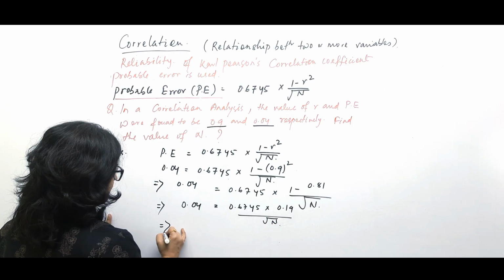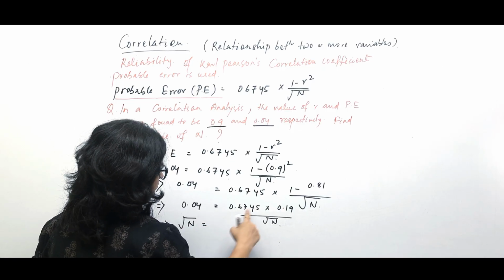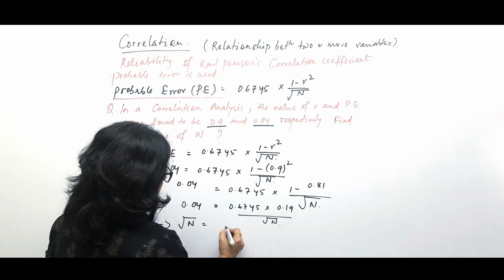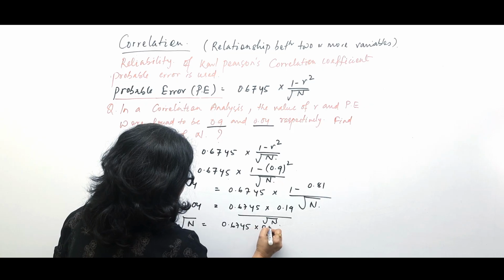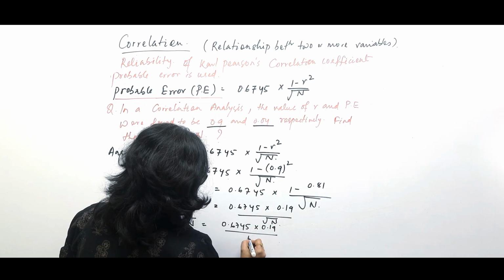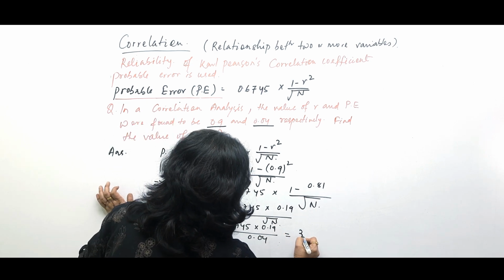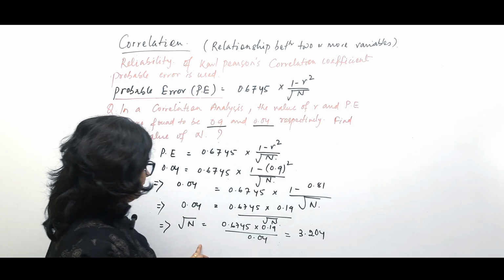So root over of n equals, you can multiply these two: 0.6745 into 0.19 divided by 0.04, we get 3.204.